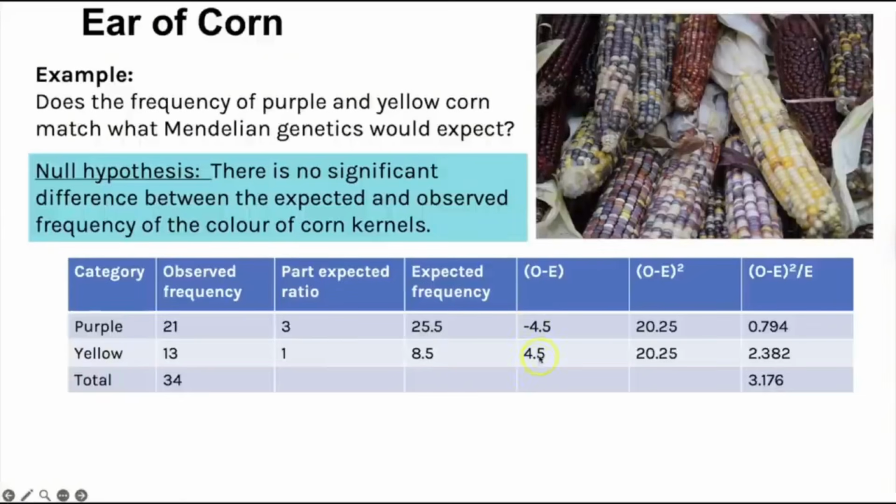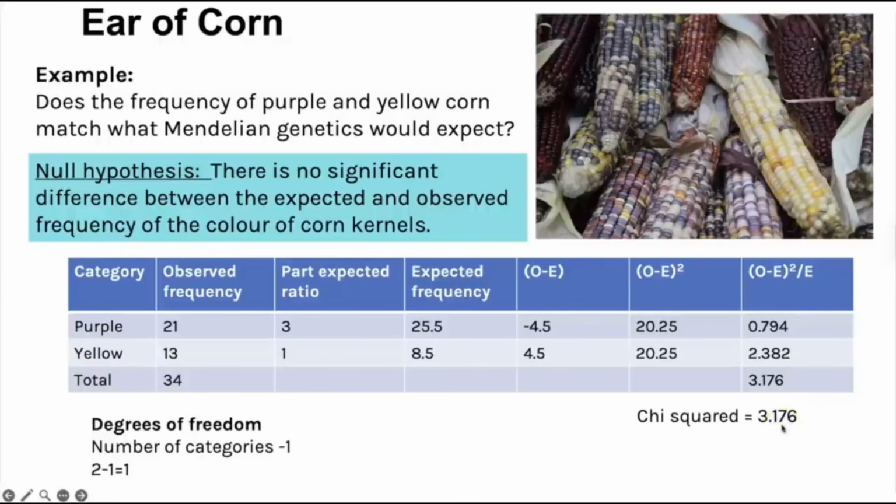So we've got that result here. Then we square that. So even if it was negative, because it's squared, it all becomes positive. And then we divide that by the expected frequency. The sum of this column is your chi-squared value. So we've got a chi-squared value of 3.176.